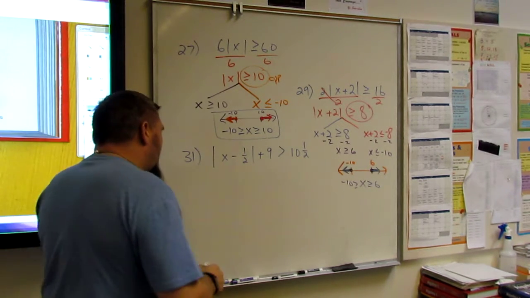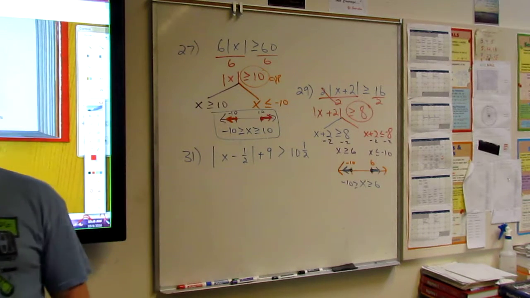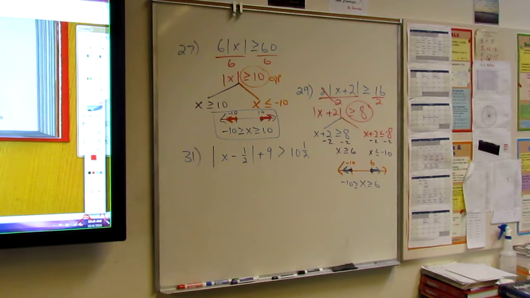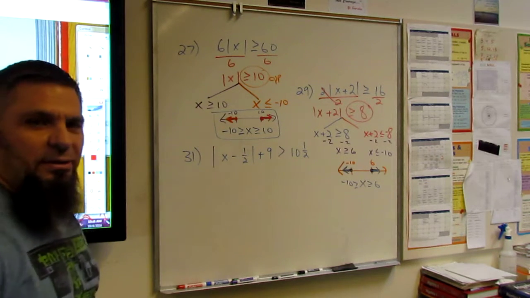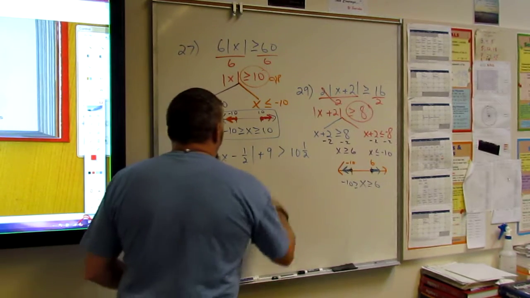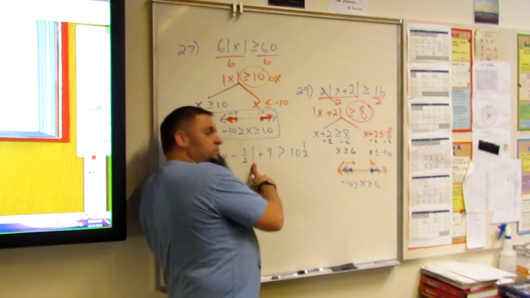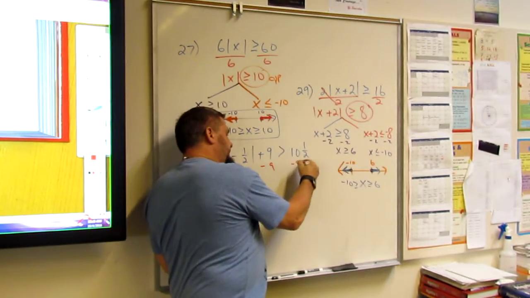Okay? All right, this one's a lot harder. I don't think you can do it. Right? It's too hard. Let's just quit now. No? Okay. So, I got to get this alone, right? So I need to do the opposite.